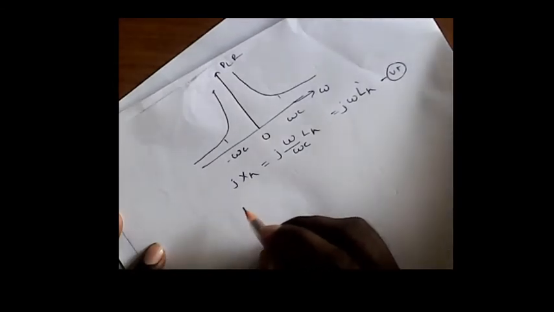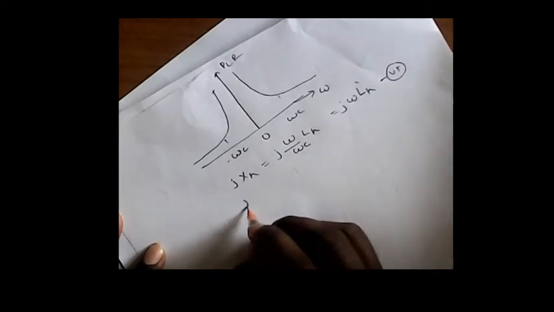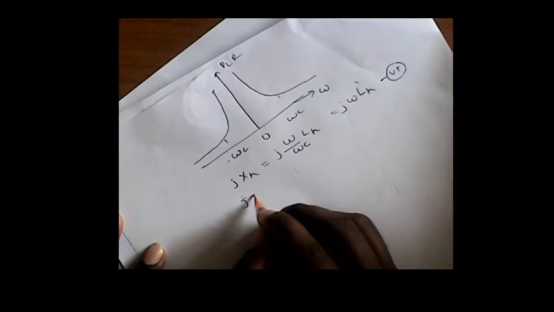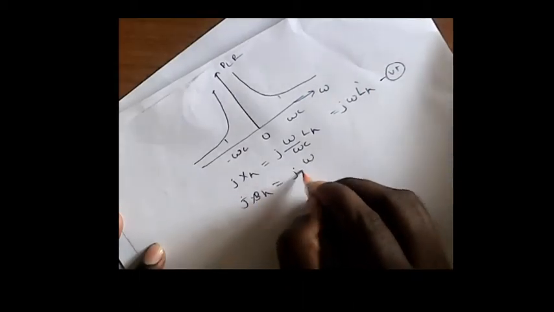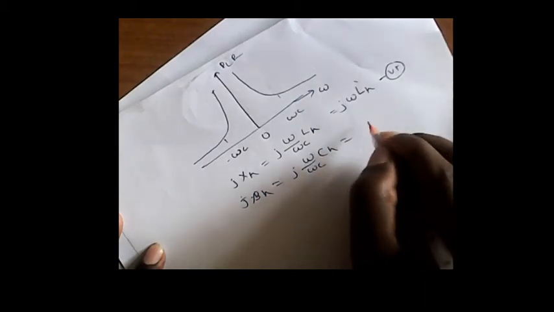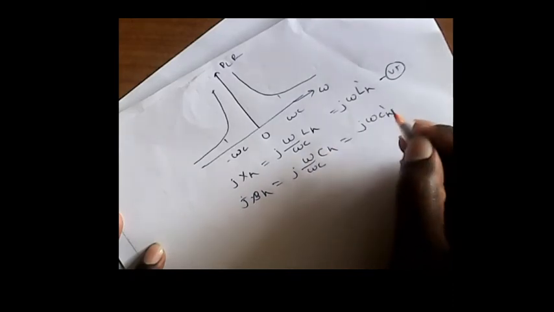So after applying the frequency scaling, the new component value of the shunt susceptance j omega Bk becomes j omega divided by omega c times Ck, which is j omega C dash k.